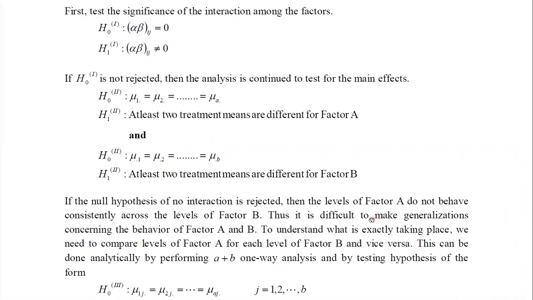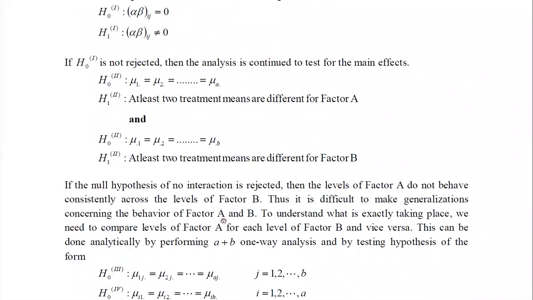It means that there is a combination among factor A and factor B. Therefore, in such a situation, it is difficult to make generalizations concerning the behavior of factors A and B. Here we need to compare the levels of factor A with each level of factor B and vice versa.